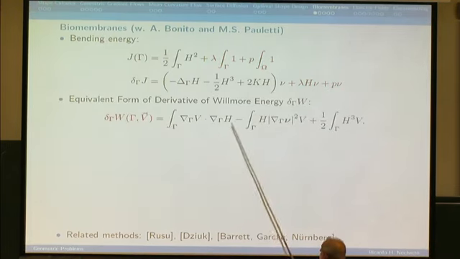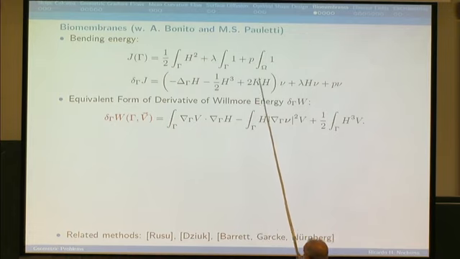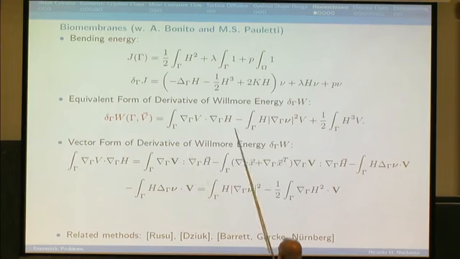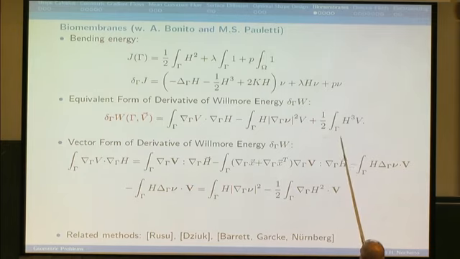Before, I want to mention a method that gets around this curvature, this Gauss curvature. And this is the form of the method. You see it involves computing Dirichlet forms. Well, I will not go through the derivation.